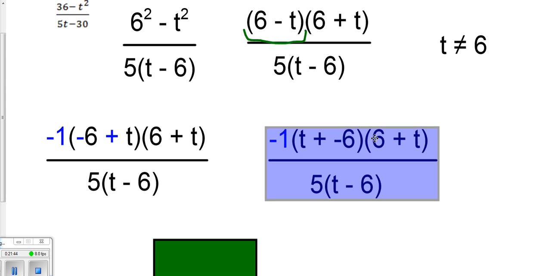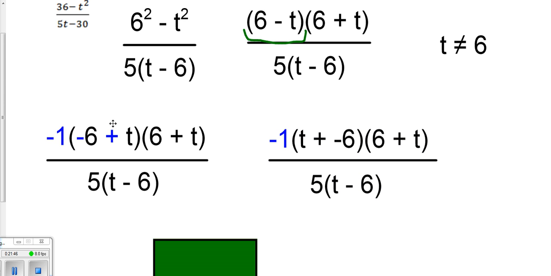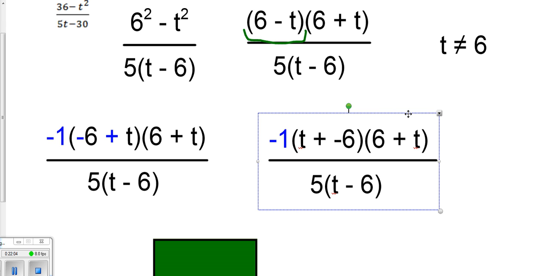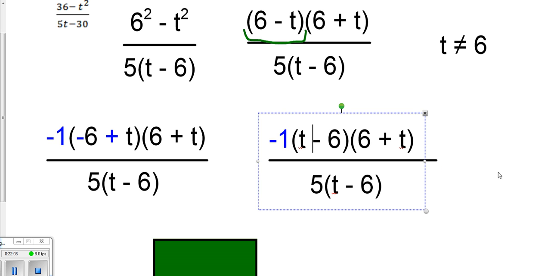Now, simplifying that, t plus negative 6, or negative 6 plus t, these can be flip-flopped. As long as there's a plus between them, you can switch their order. So we'll keep our negative 1 on the outside, switch it to t plus negative 6. We just switch these around. Now t plus negative 6 is the same as saying t minus 6.